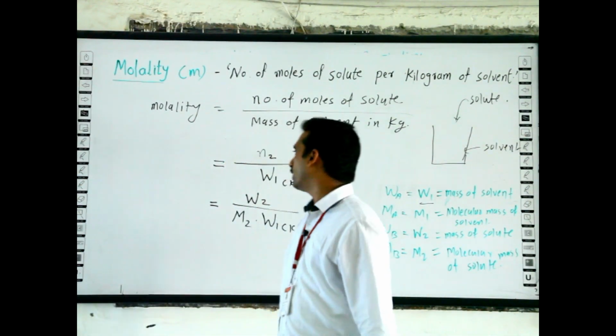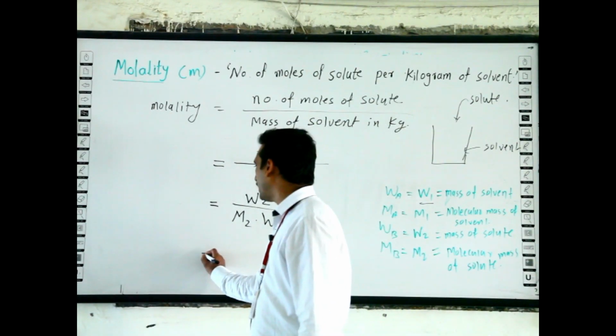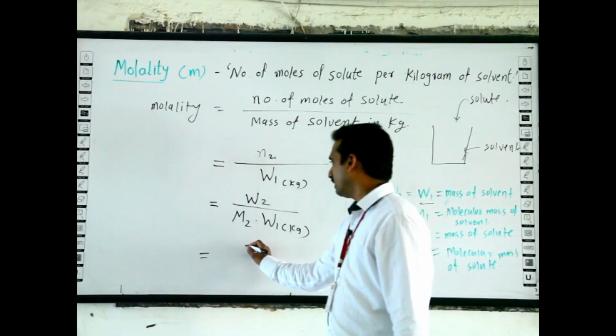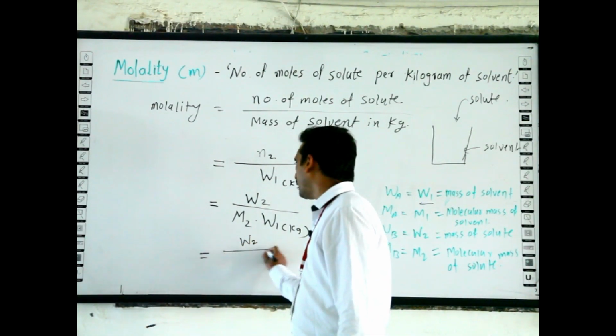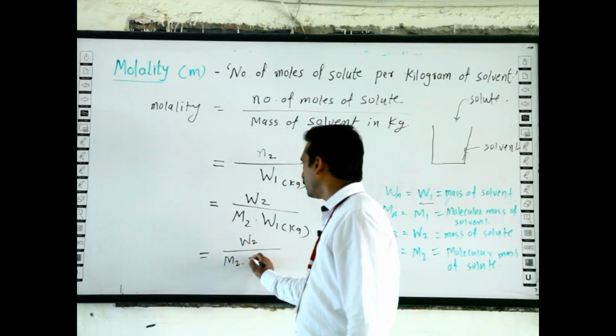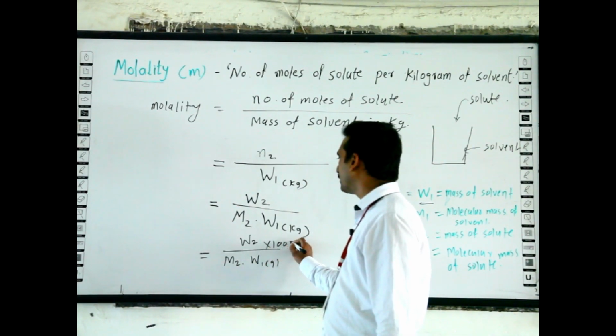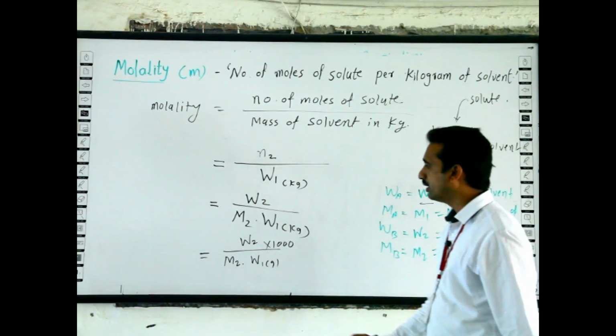Again in this formula, when the value of W1 is in gram, then W2 divided by M2 into W1 in gram, multiplied by 1000.